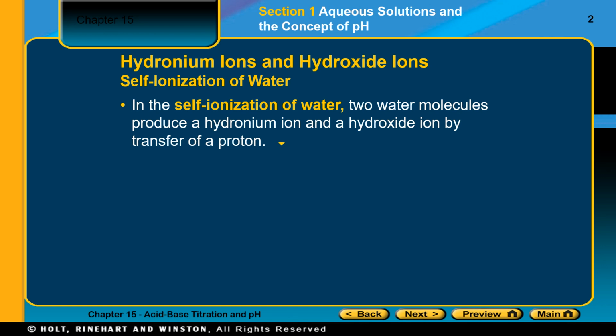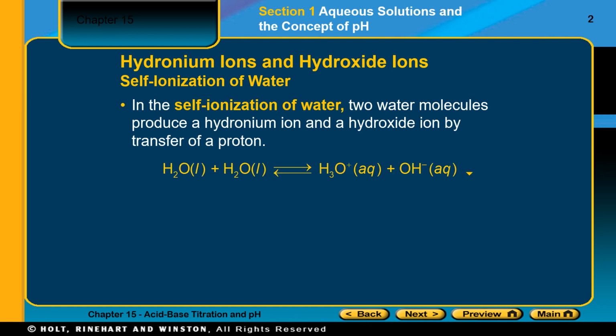Now, in the self-ionization of water, we have two water molecules, and they're going to produce a hydronium ion and a hydroxide ion by the transfer of a proton. One water molecule is going to lose a proton, the other one's going to gain it.